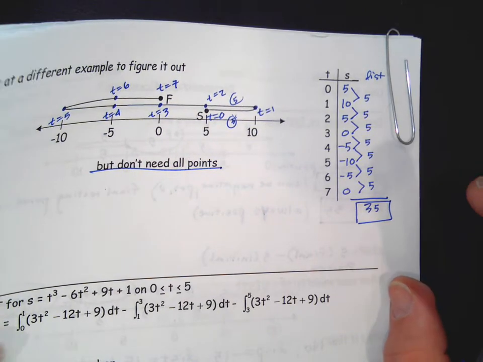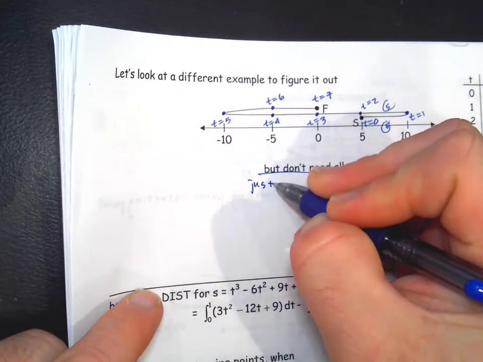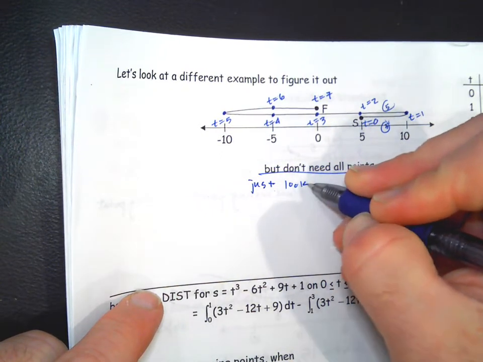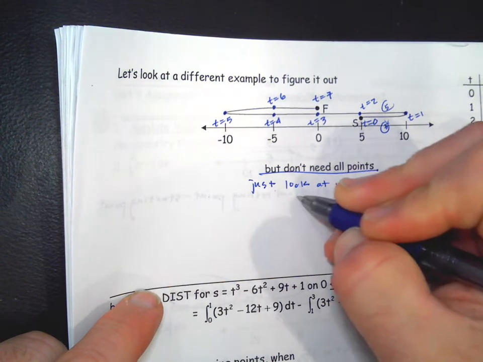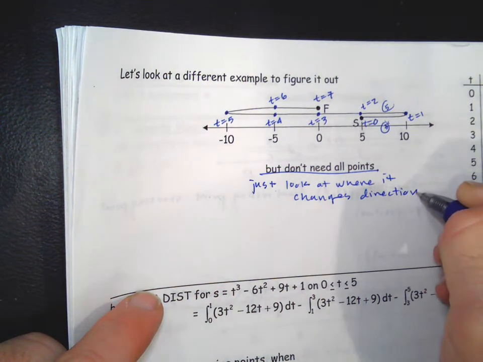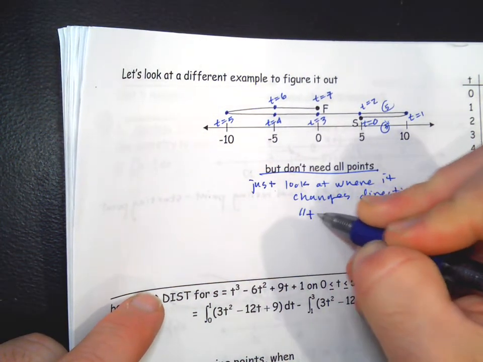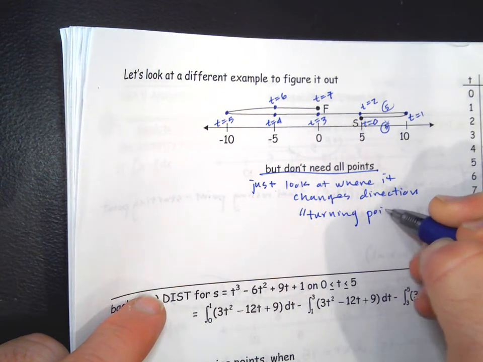Here's the key. We just look at where it changes direction. And for a while, we've been calling these turning points. They're where the velocity equals 0.